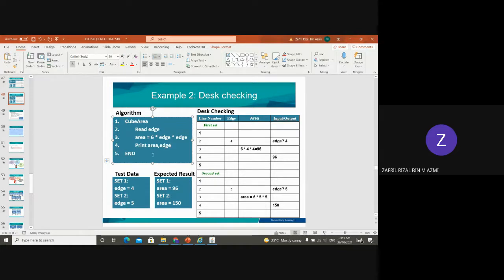You may have different instructions, print age in one line, and then in line number 5 we print area. You may do like that, or you may combine. That's why you say that one program can have more than one algorithm. So both are correct.